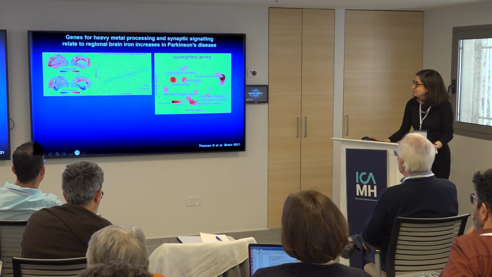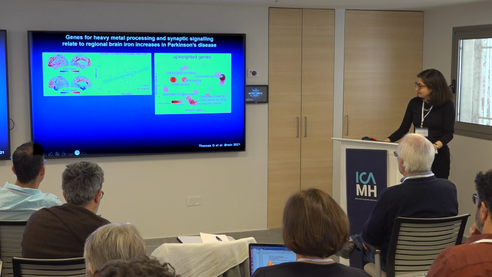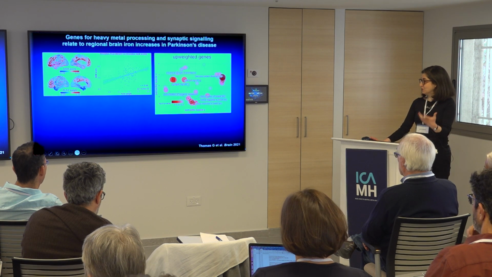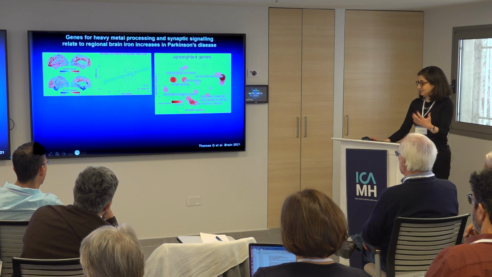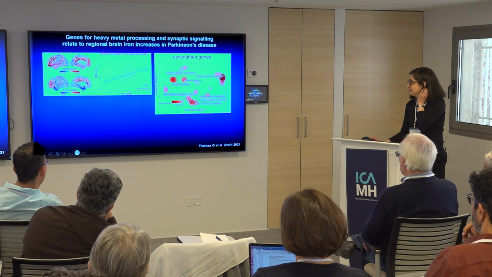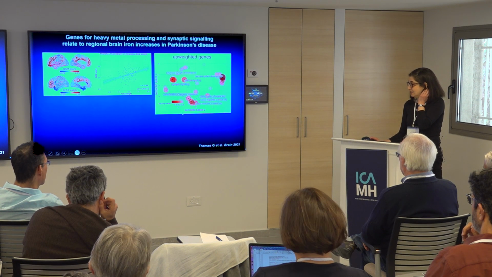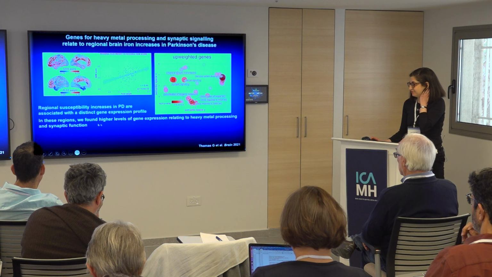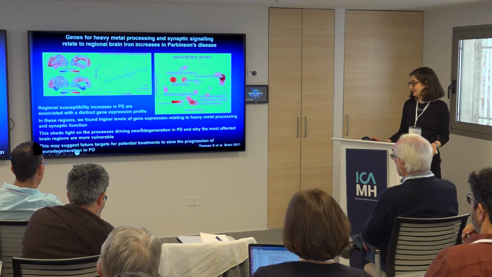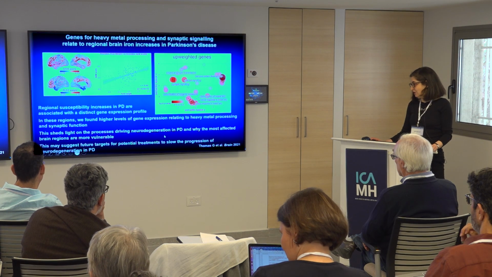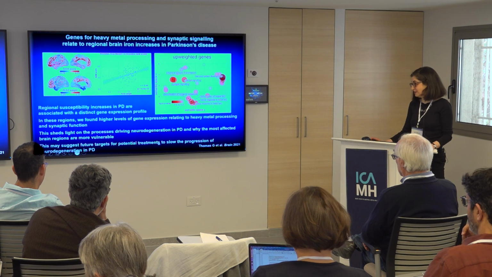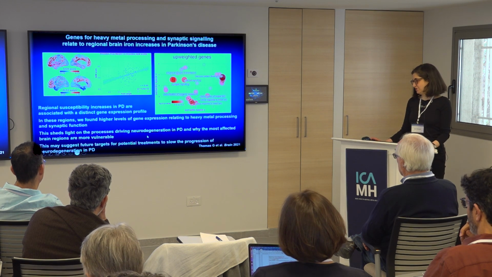What was found is that there were indeed these correlations, and that the genes implicated were genes for heavy metal processing, including metal ions, presumably iron as well, and these relate to the regional susceptibility increases, and also synaptic signaling genes. So we get this association with a distinct gene expression profile, and this might give us some information about why these brain regions are the most affected, and perhaps suggest future targets for slowing the progression of neurodegeneration in Parkinson's.